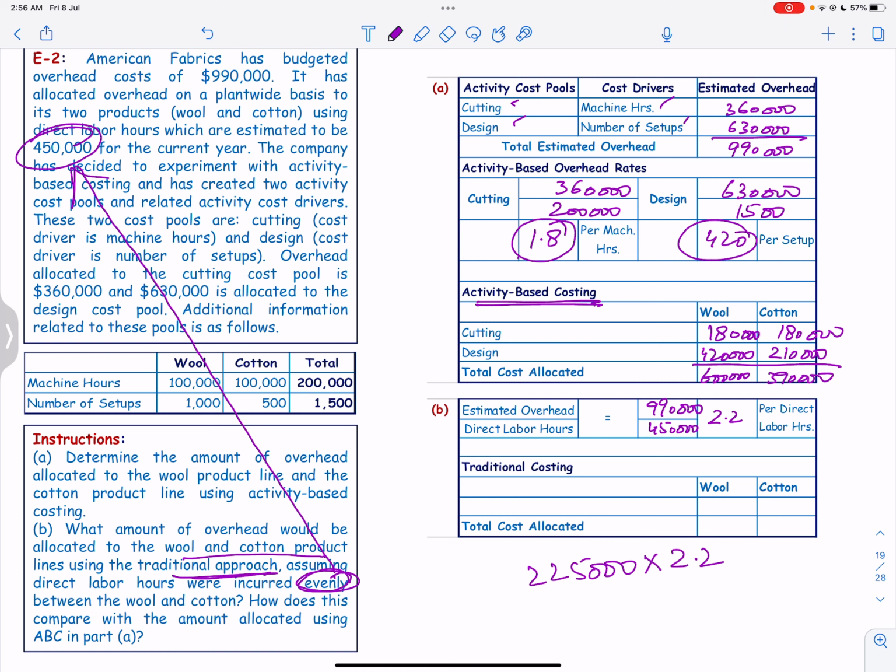So let me check. 225 times 2.2, that is 495, and it will be the same amount for cotton as well.